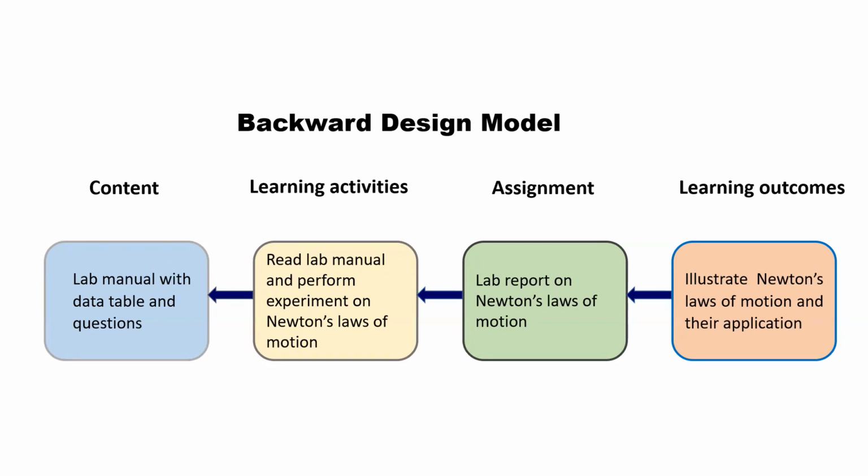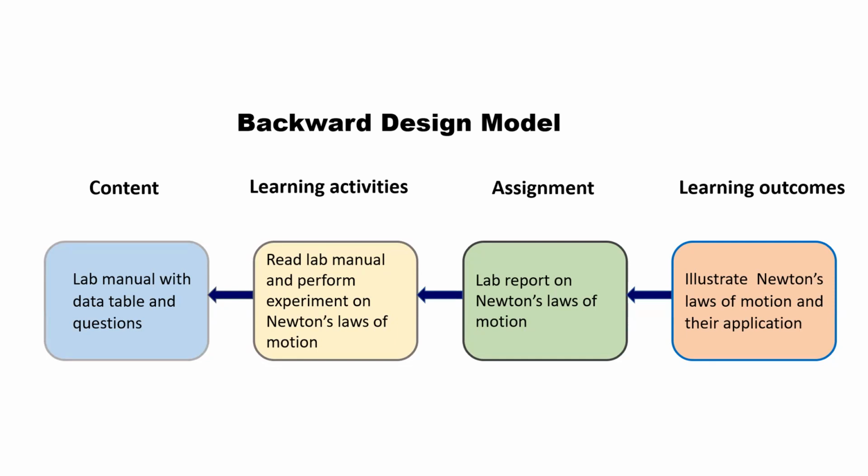So look at this. Actually, the starting point is content. Then we will do the learning activities, then provide assignments, and finally we'll be achieving our goal. But as an instructor, as a professor, I should think, at the very beginning of the semester, at the very beginning of the class, about the learning outcome.